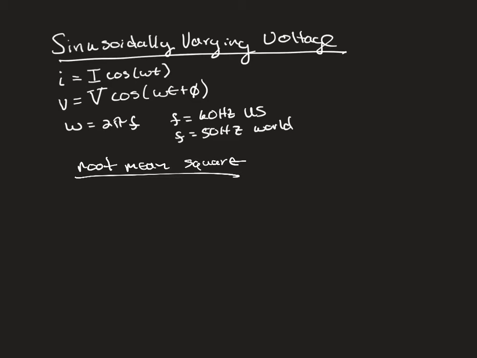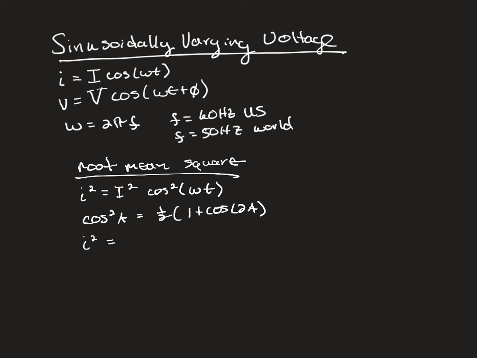Alright, so if I square my current function, we end up with I squared equals I max squared cosine squared omega t. And we're going to take advantage of a trig identity that says the cosine squared of A is equal to 1/2 times 1 plus cosine of 2A. So rewriting that, I'm going to get I squared equals I max squared times 1/2 times 1 plus cosine 2 omega t.